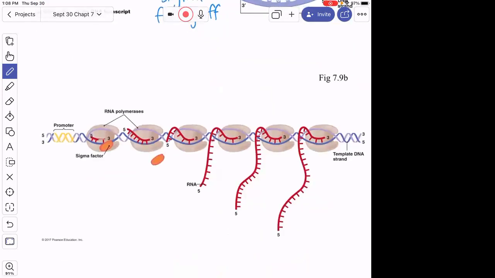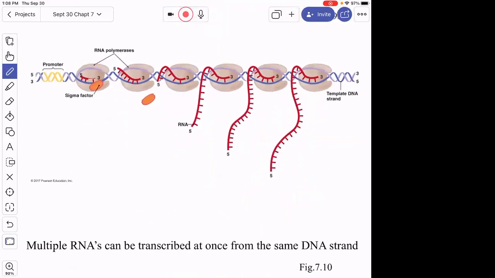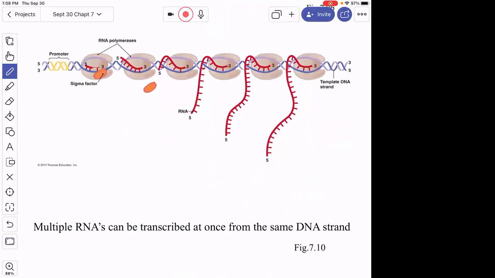And then just to mention that this can be happening like multiple RNA polymerases can be binding to that DNA and moving down it at the same time. So you don't have to wait till one new transcript is made and then start another one.